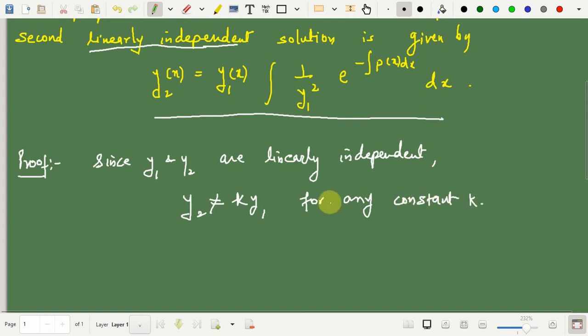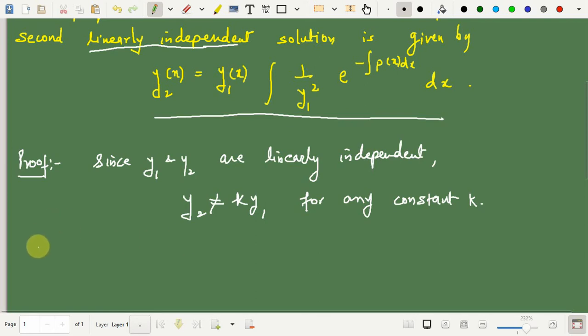Now if you look at the formula, we have y2 in terms of y1, so y1 into some function of x. Since y2 cannot be written as a scalar multiple of y1, we are expecting it to be a product of two functions, y1 and some non-constant function of x.